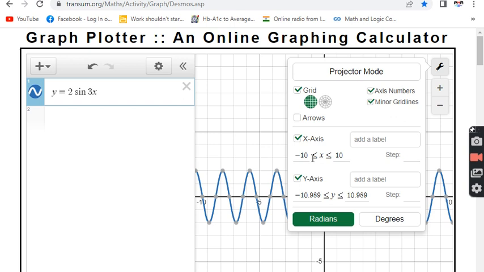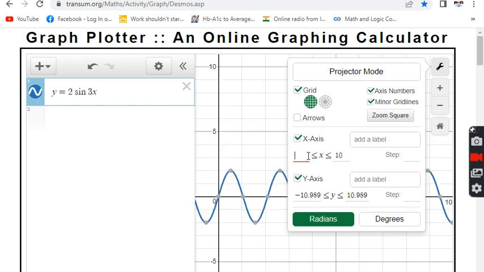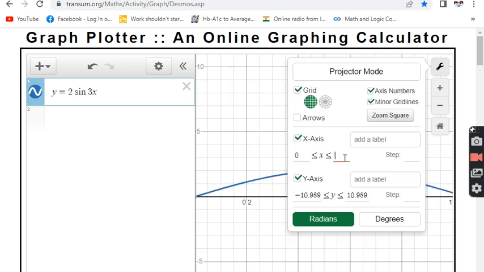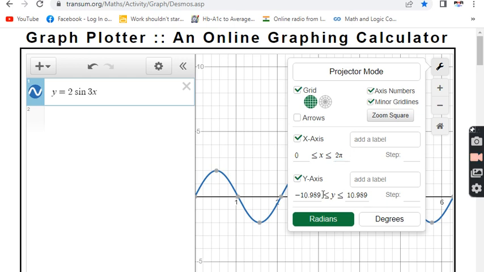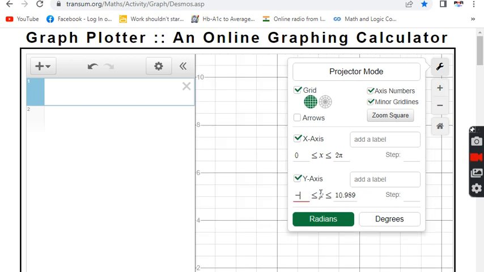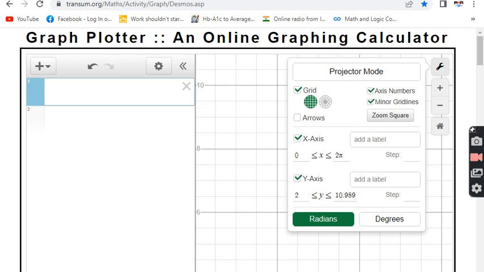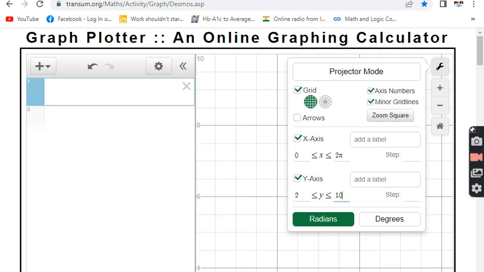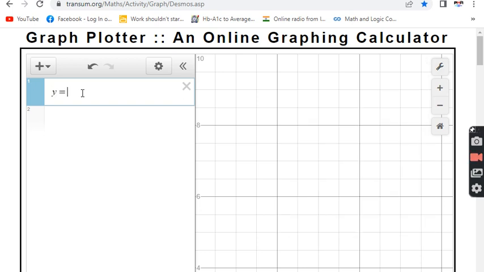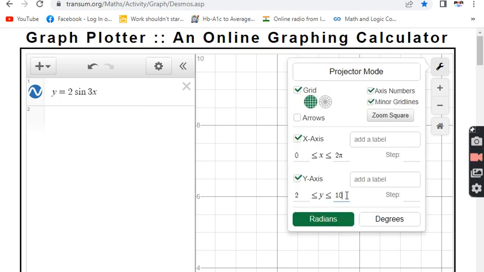Okay, and our x value from 0 to 2 pi, right, and our y value from minus 2 to 2. Sorry, y equals 2 sine 3x.